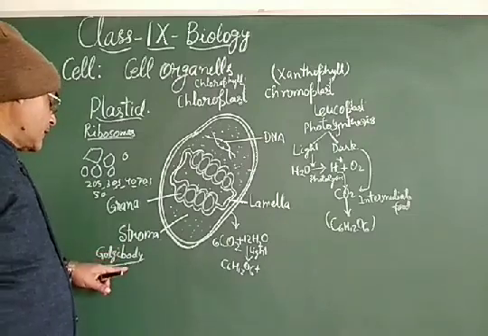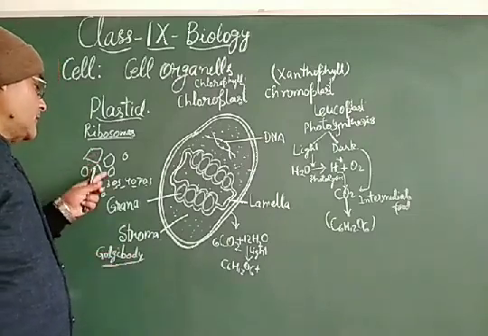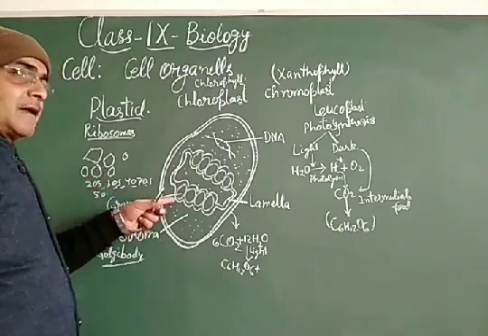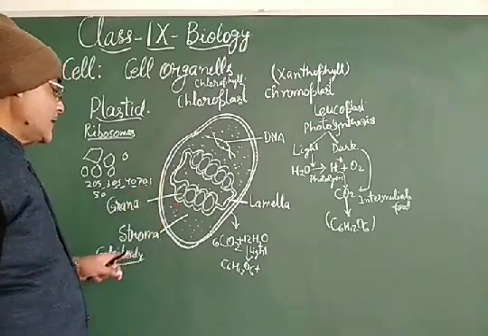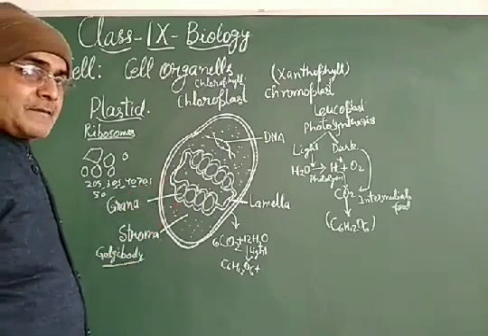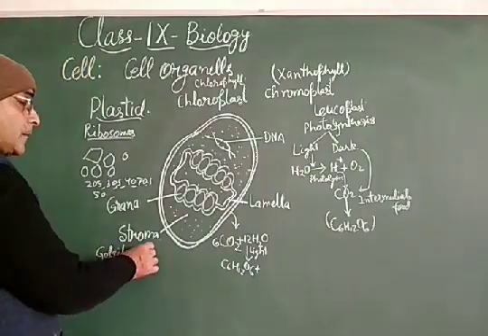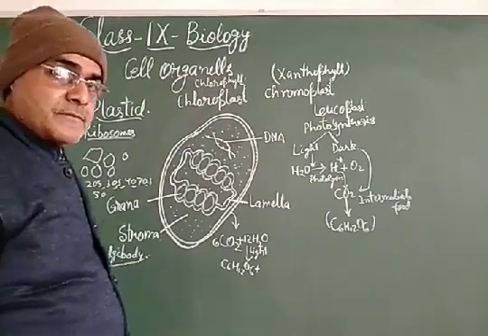Packaging is performed in the Golgi body, protein synthesis in the ribosomes, and photosynthesis in the plastid. The Golgi body is called dictyosome in plant cells, and its main function is packaging of lipoprotein and glycoprotein inside the cell.